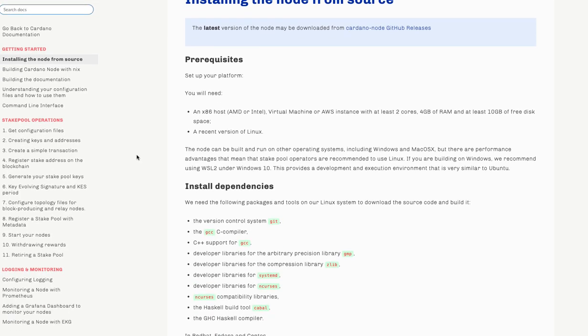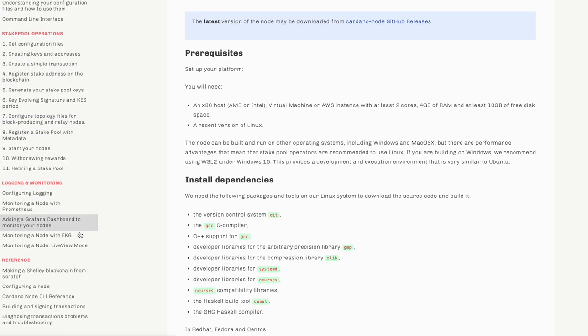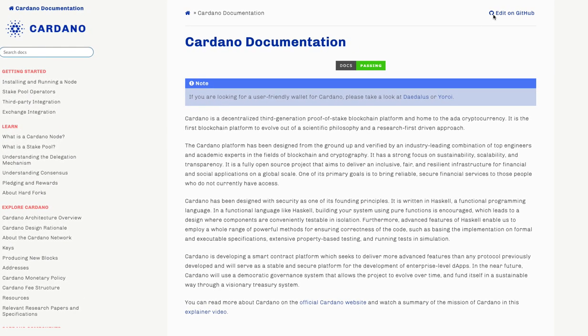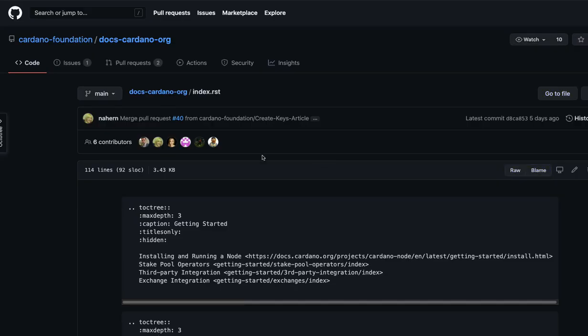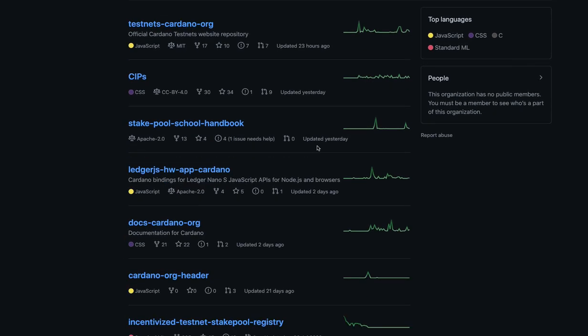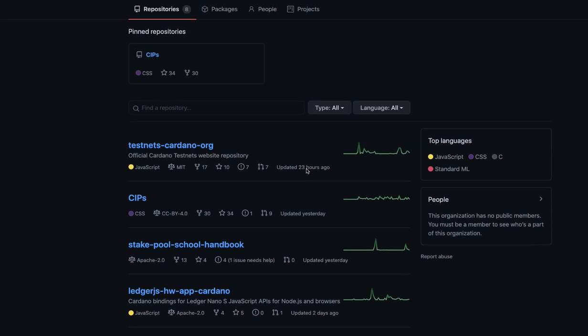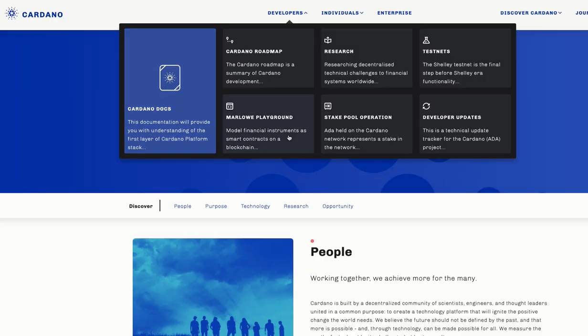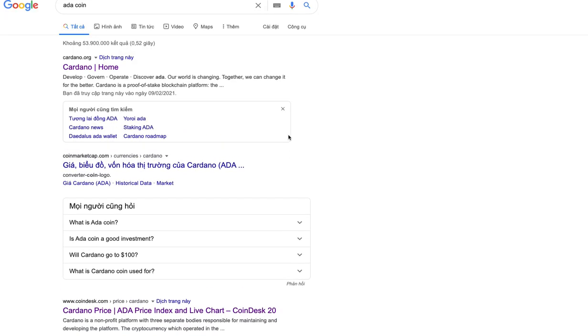Then you can start getting involved with other knowledge related to Cardano. The most important thing, like I say, is always to take a look at Cardano and go around their code. And if you're interested in contributing, it's always very good to take a look at the code, etc., like with Ethereum. Yeah, that's all.